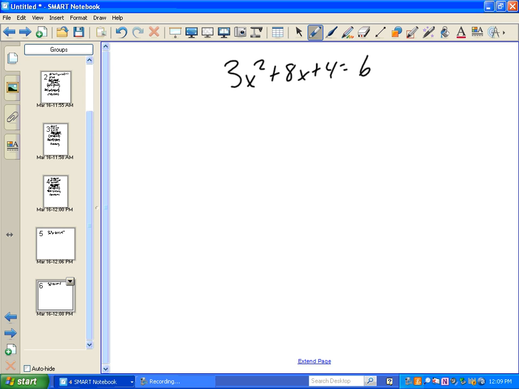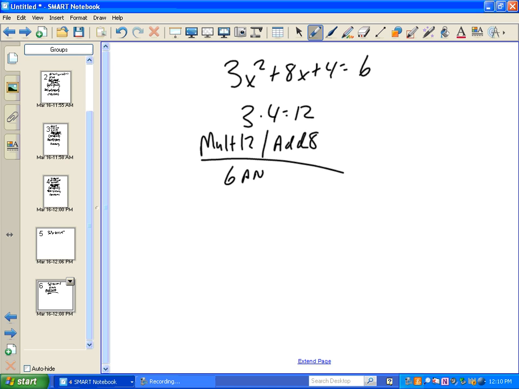Okay? So, when we factor this, we do 3 times 4. That's 12. Now I need two numbers to multiply to 12 and add to 8. What multiplies to 12 and adds to 8? Maria? 6 and 2. So we have 3x squared plus 6x plus 2x plus 4 equals 6.